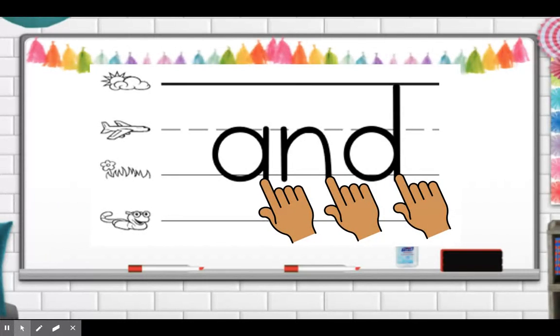So for example, we are going to trace and say each letter and then say the word. So let's trace A, then N, then D, and. Let's do it again. A, N, D, and. One more time. A, N, D, and. Good.